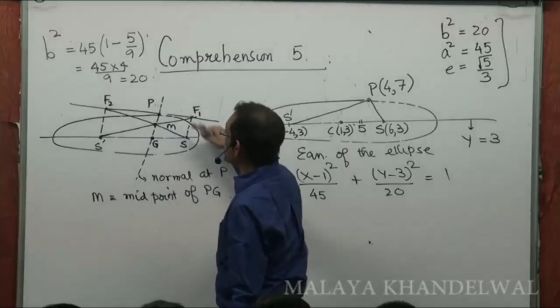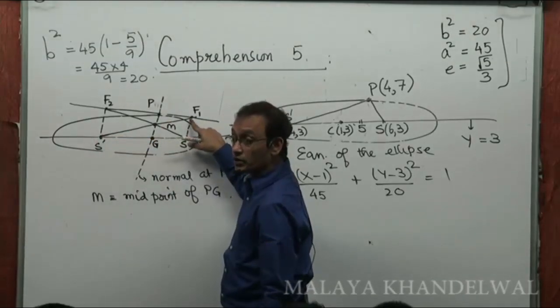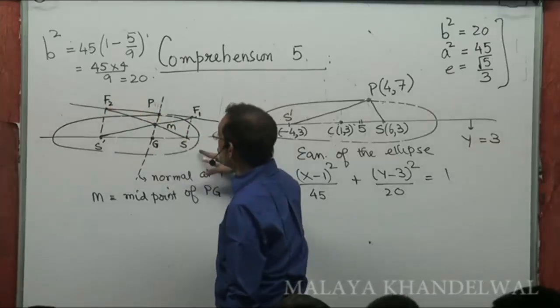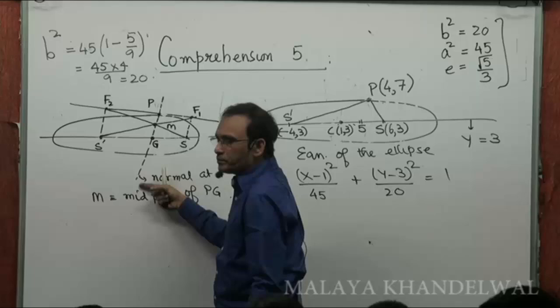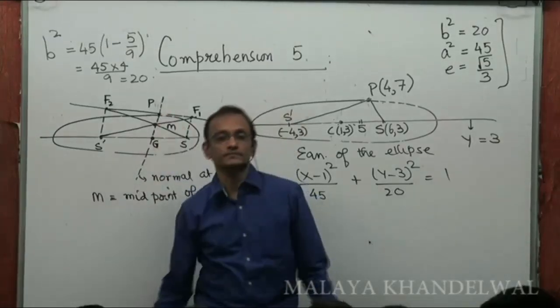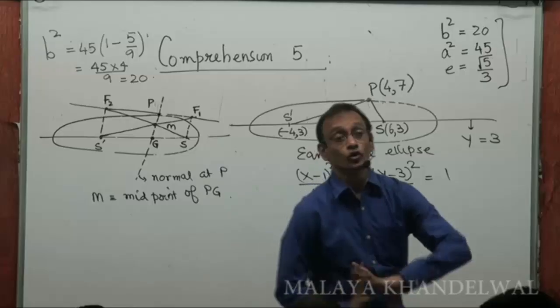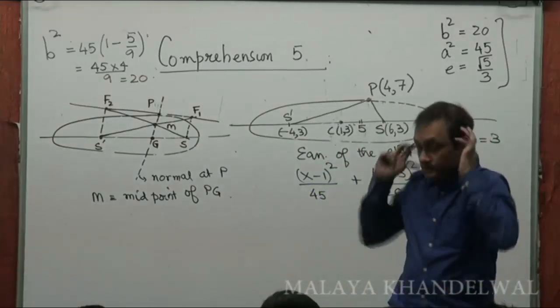If you draw a tangent and you join each focus to the foot of the perpendicular from the other focus, then the two intersect on the normal drawn at P, and that point would be the midpoint of PG. Let me give you a formal proof for this. It's not difficult.